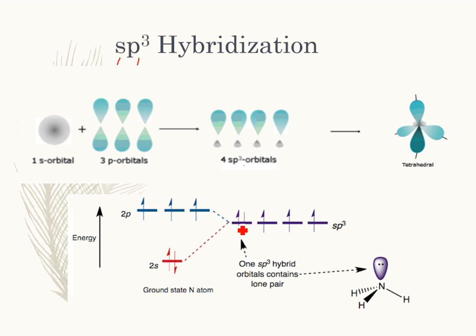What we see happen in those 4 sp3 orbitals is there's a pair here, and then 3 singly occupied orbitals here, here, and here. And what those do is form sigma bonds with the hydrogen s orbital. A sigma bond is a single bond.